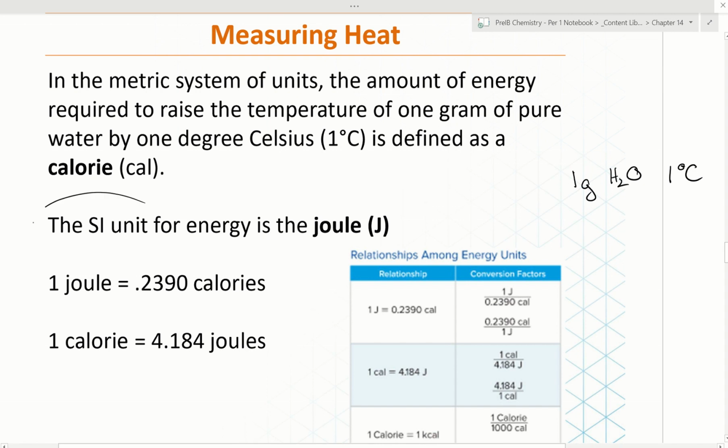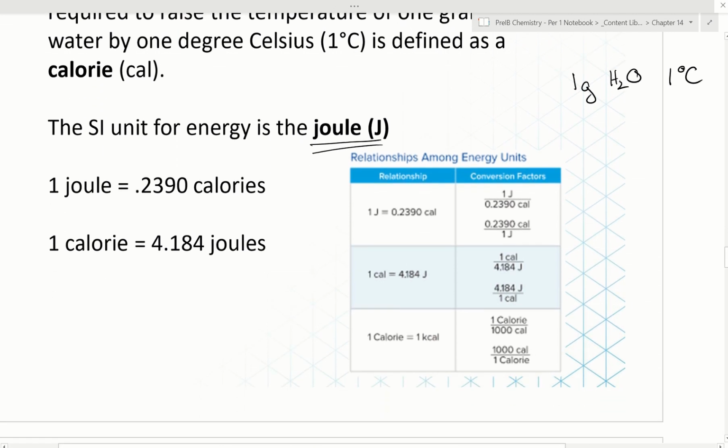But in the SI units, which is what we use today in science, the unit for energy is the joule. 1 joule is 0.2390 calories, and 1 calorie is 4.184 joules. This is a conversion table, so you can see some relationships here.